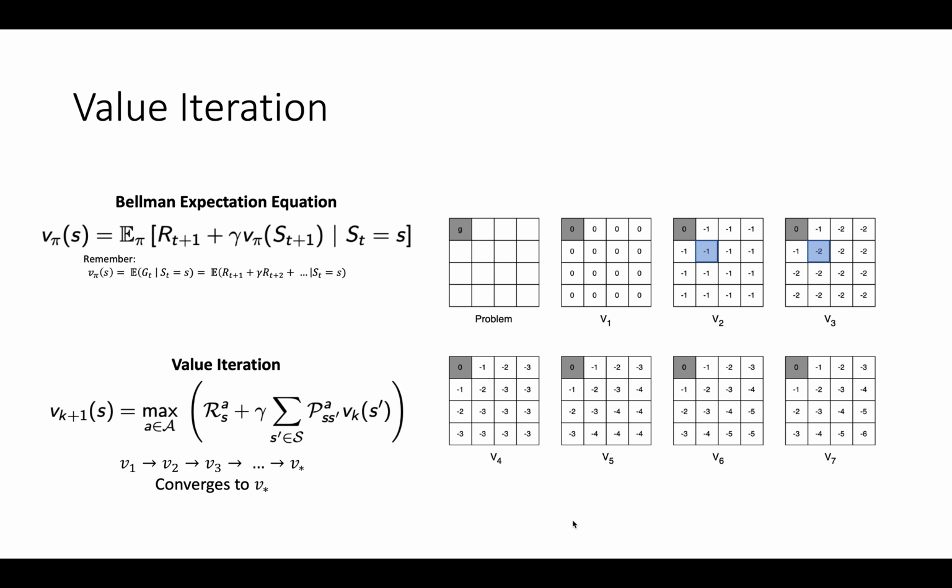The next time step is similar. No matter what action we take, we end up in a state that has value -1. So let's just consider taking action up. We get a reward of -1, and the value of the state we end up in is -1, so we just update this to -2. For the next iteration, if we take action right, we end up in a state that has a value of -2, but if we take action up, we get a better value of -1.